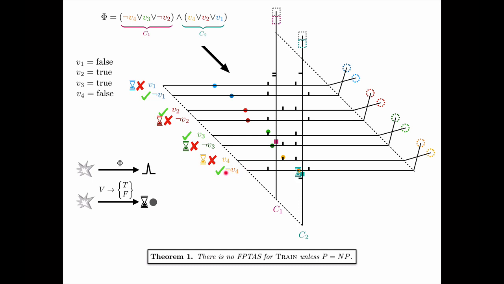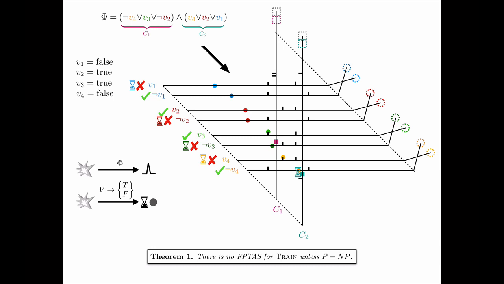So here in this case, the assignment says that the negation of v4 is fulfilled, implying that the literal v4 is not fulfilled, which implies that we have a collision between the literal track corresponding to the negation of v4 and the train corresponding to the clause C2, which implies that the train on clause C2 has to wait for one time unit.